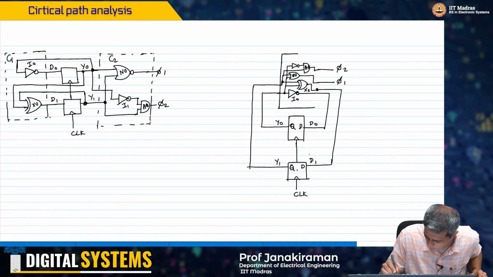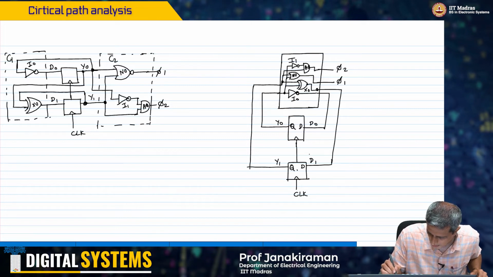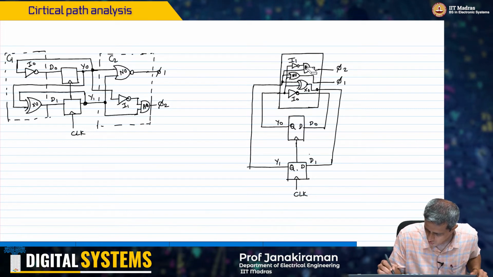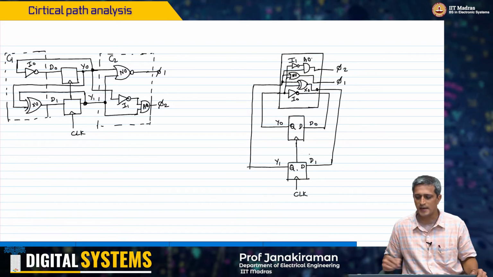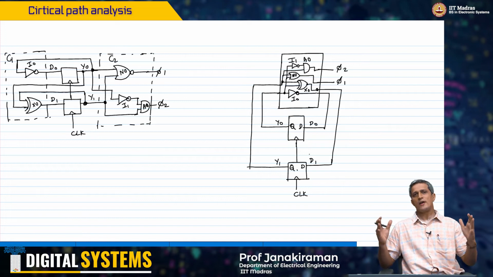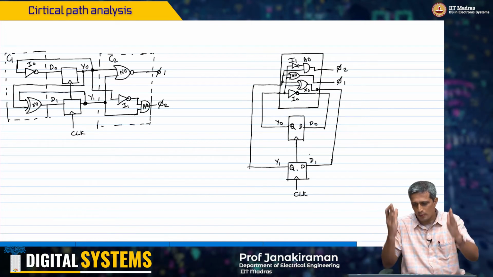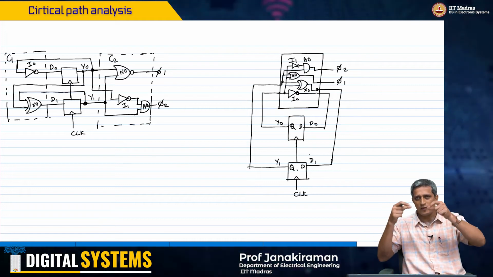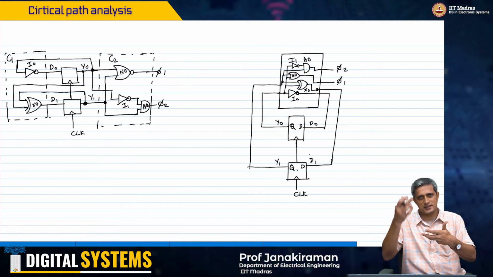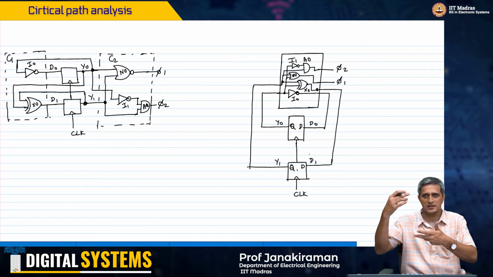So let me redraw this with a little more space. So this is my I1 and this is my AND gate A0. Effectively you can see there is a combinational block sitting between flops. It's the same flop coming back in a cycle.